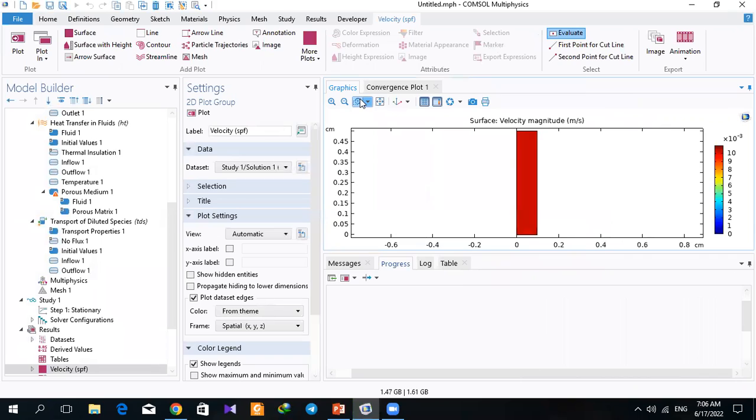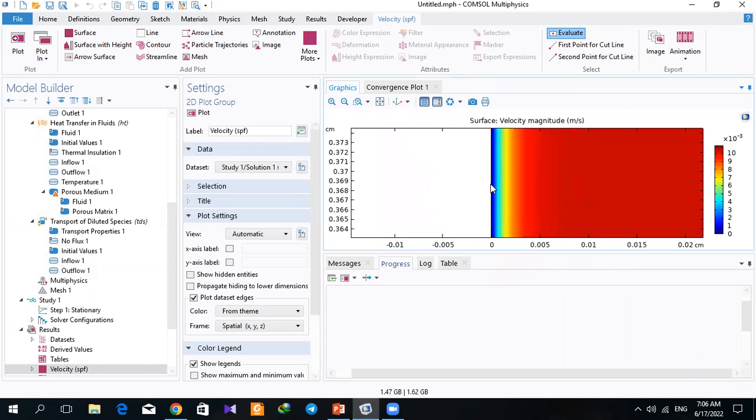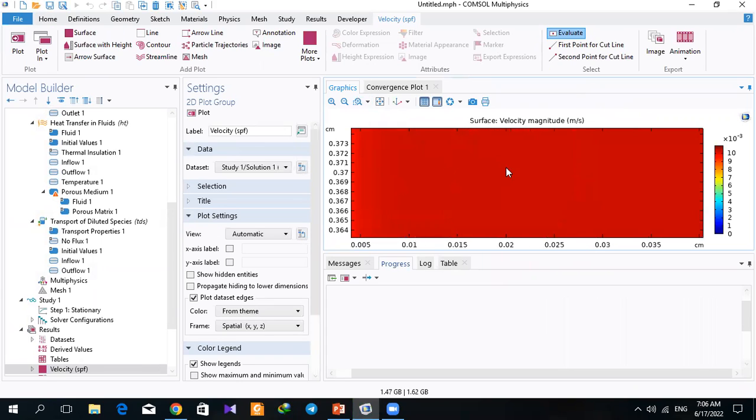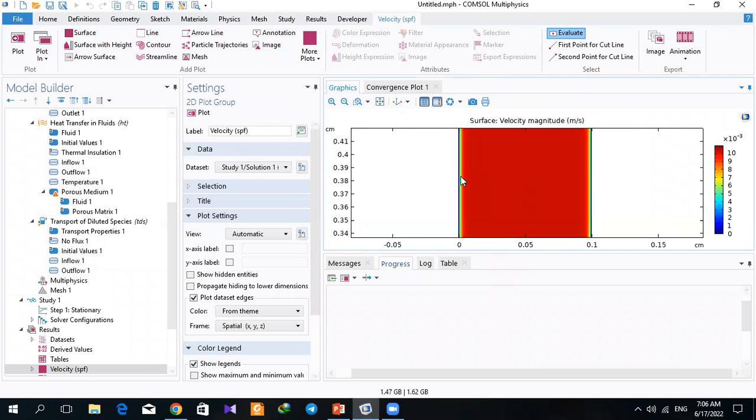Here is the velocity profile. Near walls, you have velocity equal to 0. In the center, you have higher velocity. But you may ask me why it looks like the velocity here is somehow uniform.